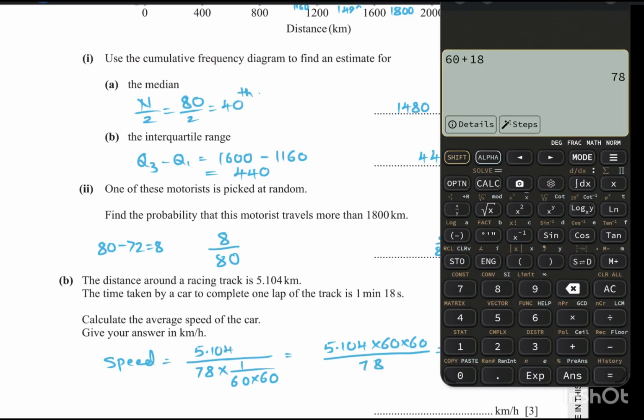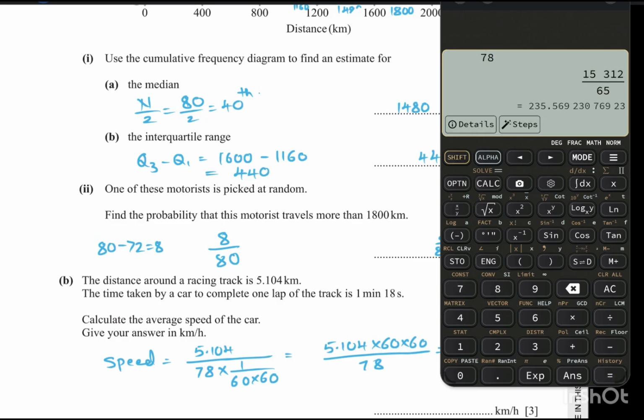Find out 5.104 multiplied by 60 multiplied by 60, two times, because it is seconds to hours. So first I'll convert by multiplying 60, it will be minutes, and then one more multiplication will be hours. So this is divided by 78.